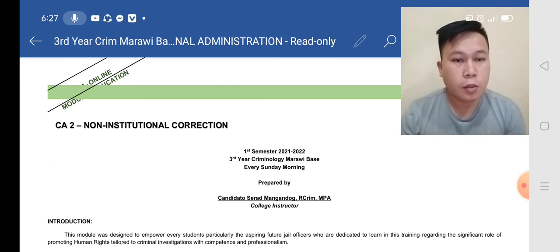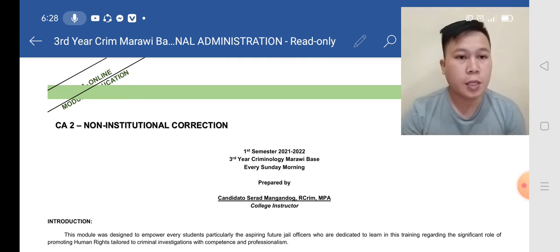So in this subject, we are going to base your capabilities on how to handle inmates if in case you are going to choose the Bureau of Jail Management and Penology, other than the two other bureaus, the Philippine National Police and the Bureau of Fire Protection, and many other law enforcement agencies.